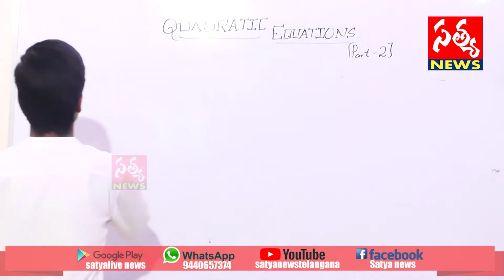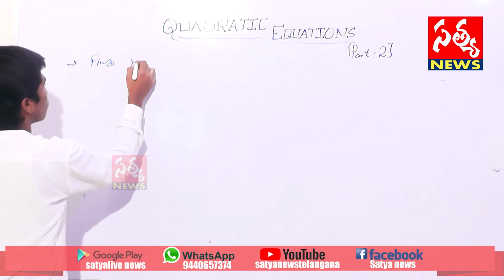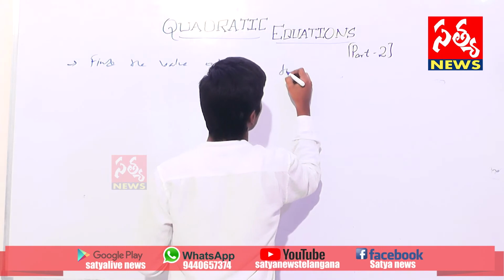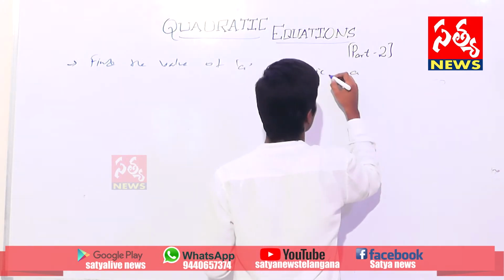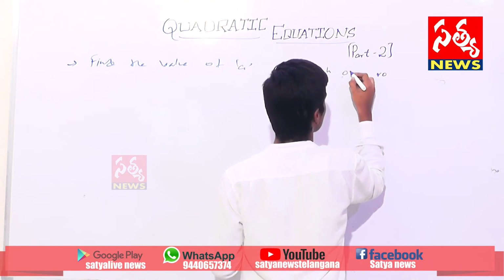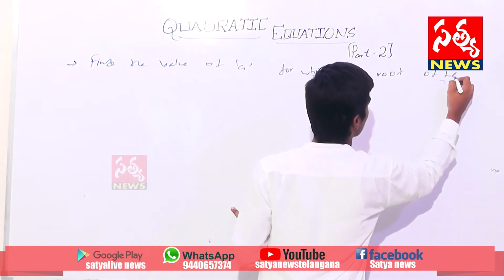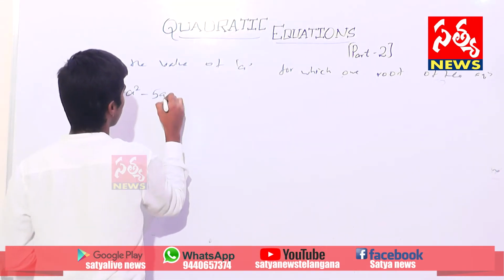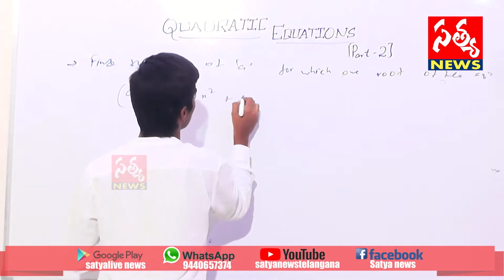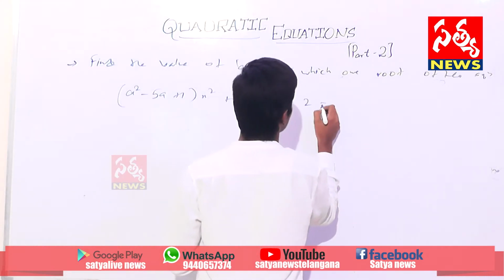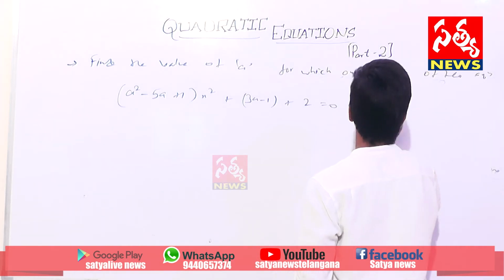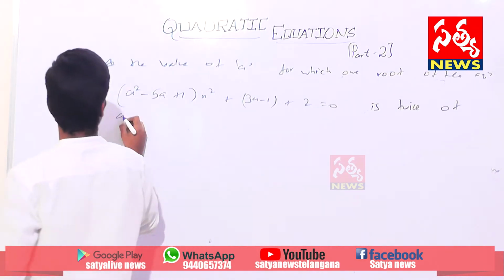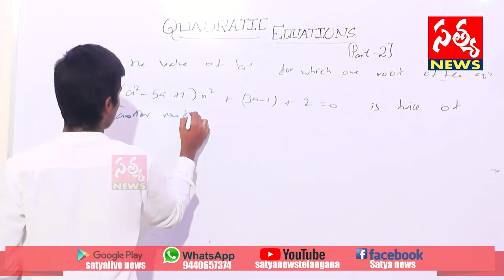Okay, the next problem. Find the value of a for which one root of the equation (a^2 - 5a + 3)x^2 + (3a - 1)x + 2 = 0 is twice of another root.